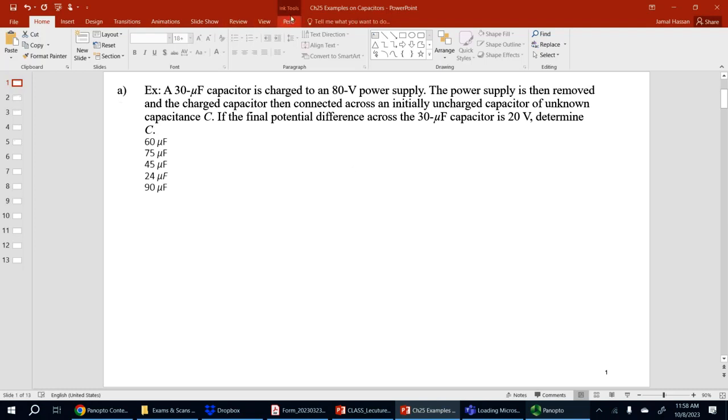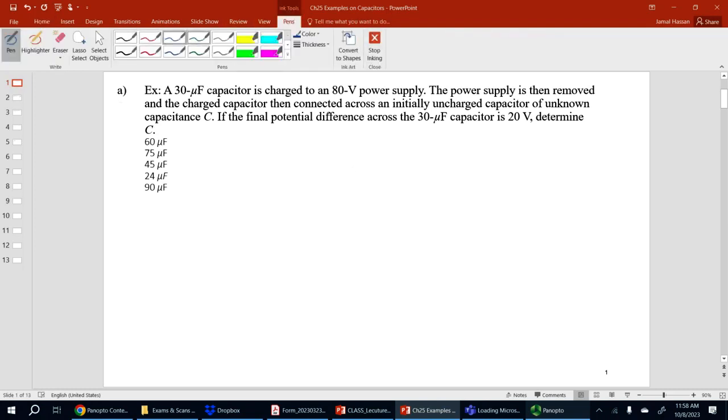Okay, so let's do a simple sketch to explain things. Initially we have one capacitor, let's call it C1, connected to a power supply, let's call it V initial or V naught. So this is C1 and this is V naught.